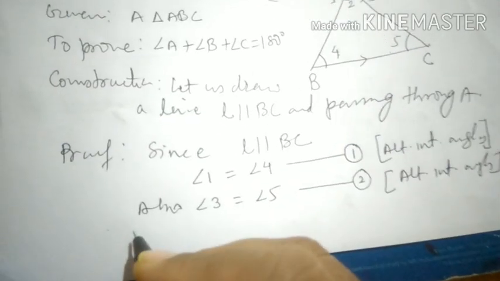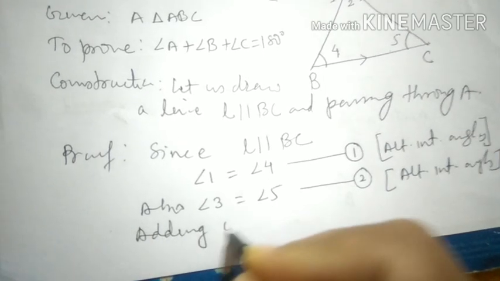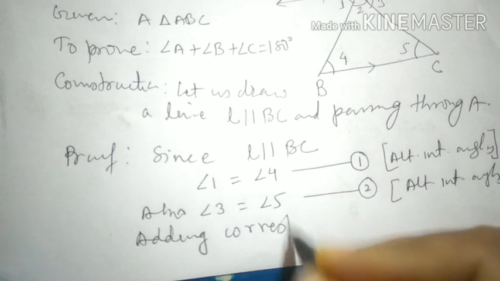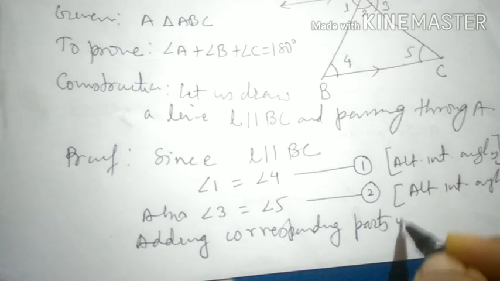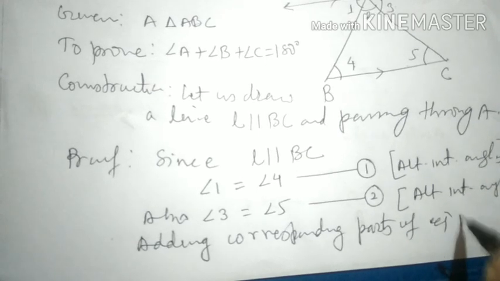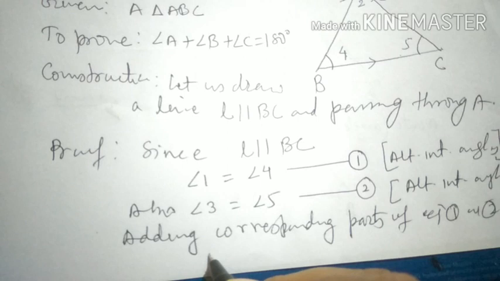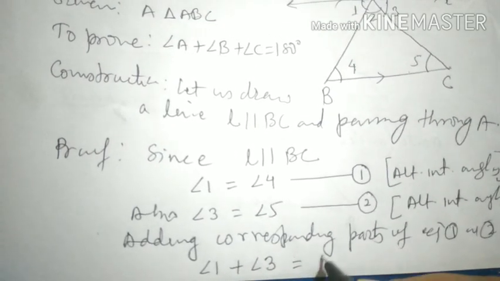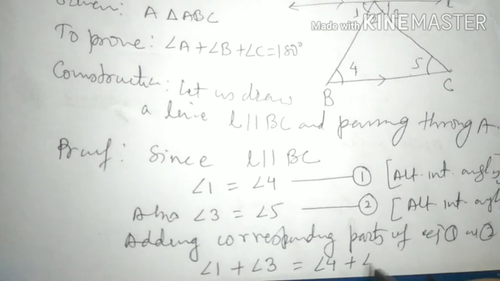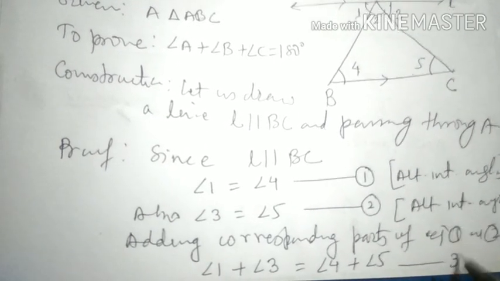So adding corresponding parts of equations 1 and 2, we get angle 1 plus angle 3 equals angle 4 plus angle 5. This is equation 3.